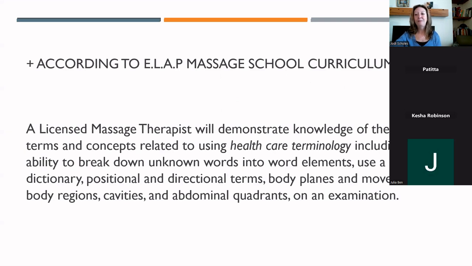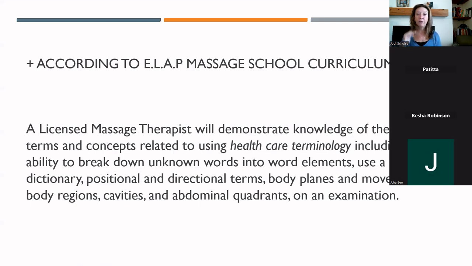And according to ELAP, our school curriculum, one of the things in ELAP that it says we need to do is that a licensed massage therapist will demonstrate knowledge of key terms and concepts related to healthcare terminology, including the ability to break down unknown words into word elements, use a medical dictionary, understand positional and directional terms, body planes, movements, body regions, cavities, abdominal quadrants, and on an exam.